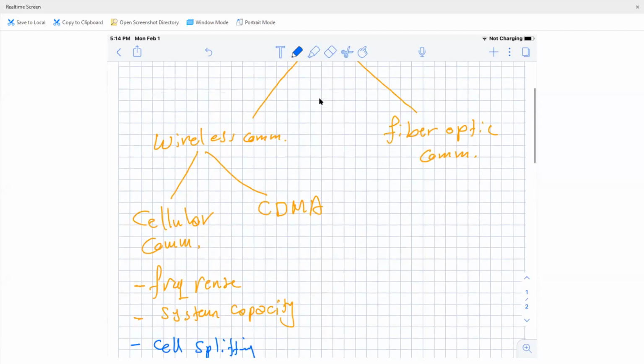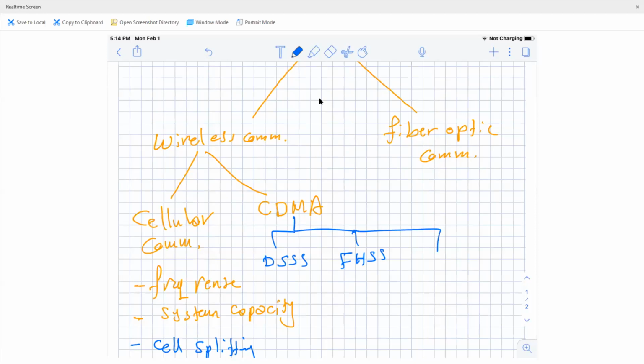In the CDMA system, basically we have two kinds of CDMA. We have the direct sequence spread spectrum system and the frequency hopping spread spectrum system. So either we use direct sequence spread spectrum or frequency hopping spread spectrum.